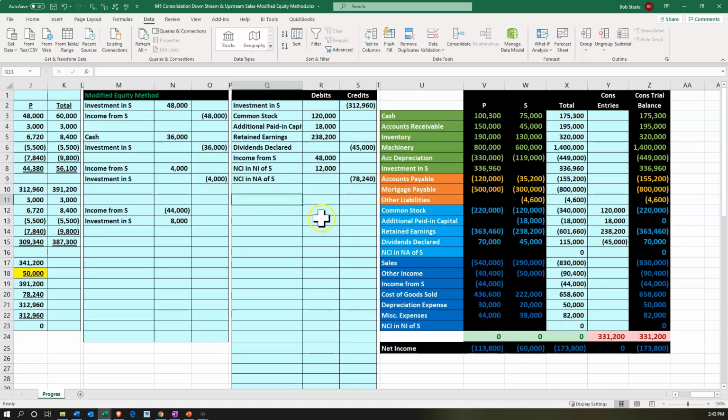But then, let's record this out so we get everything in place here. I'm going to say, all right, then this is going to be equal to the 312,960. We recorded this. Let's go to the income from S. Income from S is 48. Now that doesn't go to 0.